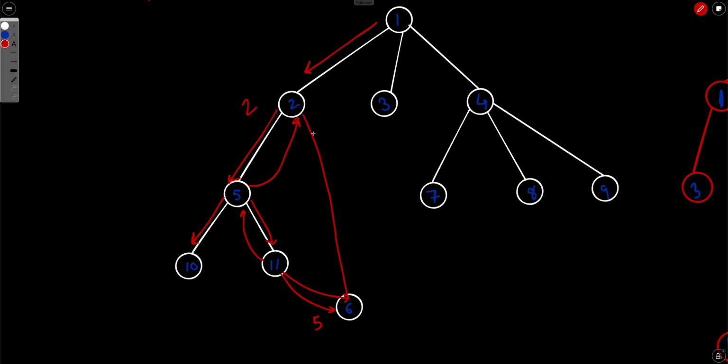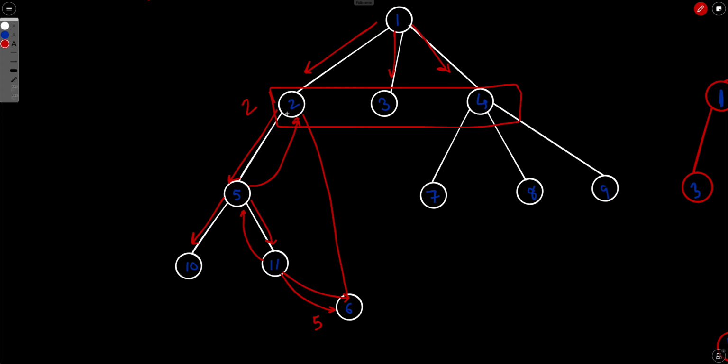But if we would have done BFS, then we would have started by visiting all the children of 1 first, and because we have visited every child of 1 first, we are sure that the next set of nodes which belongs to that group is valid, because every child of 1 was visited, right?